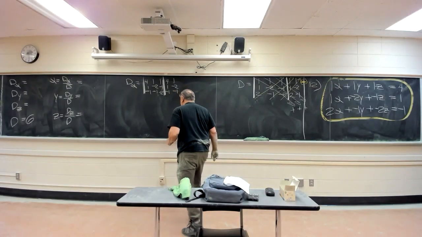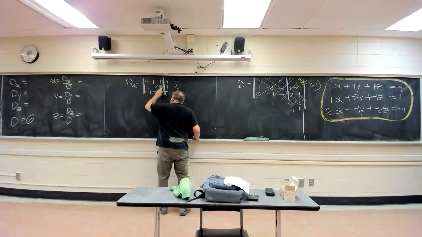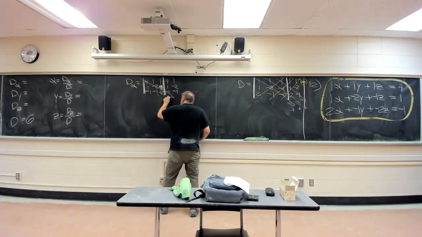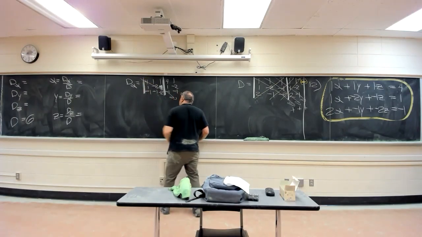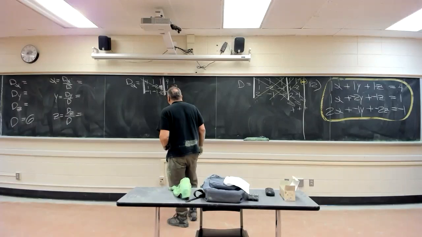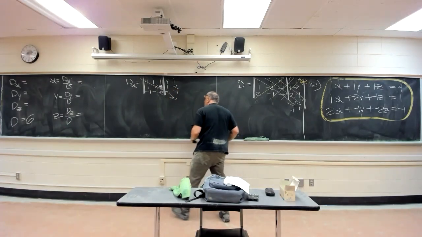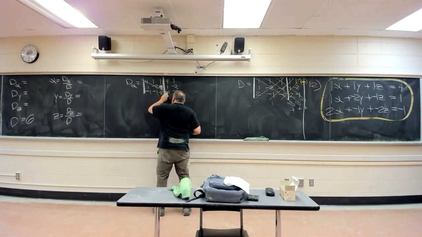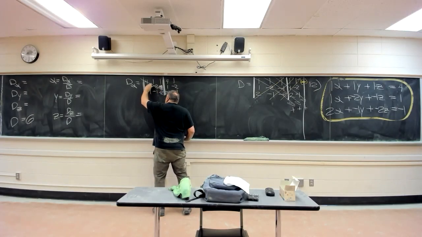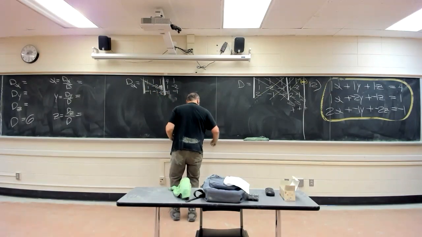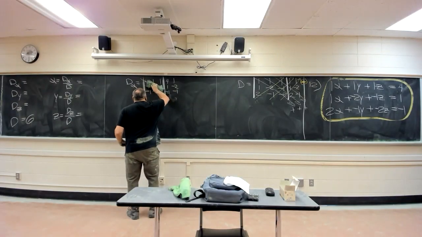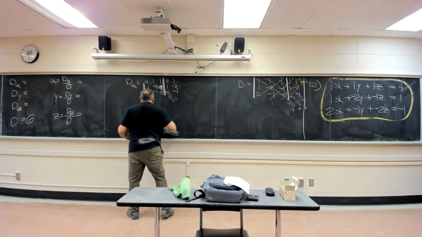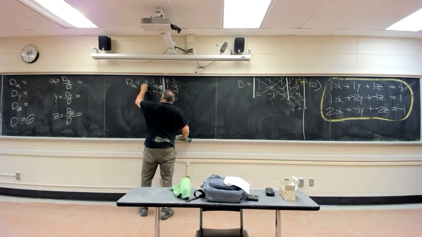So let's see where this is going to go, guys. You go here. You go, forgive me, you don't go there. 4, 1, negative 1. Let's try that again.